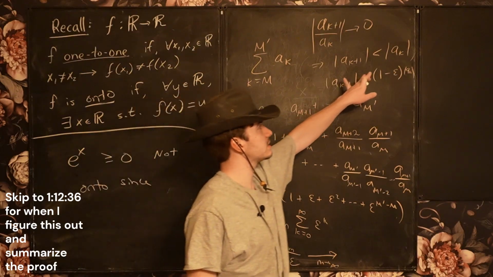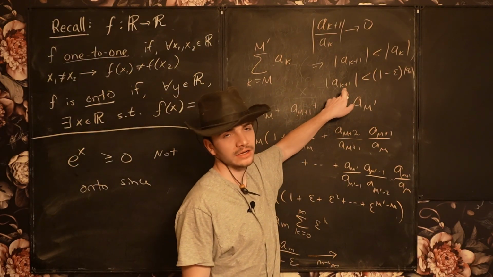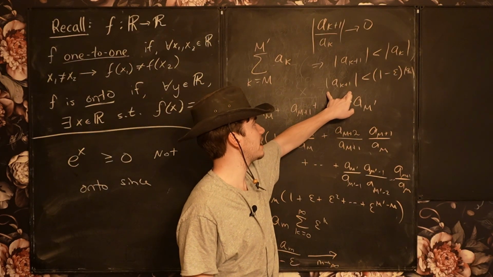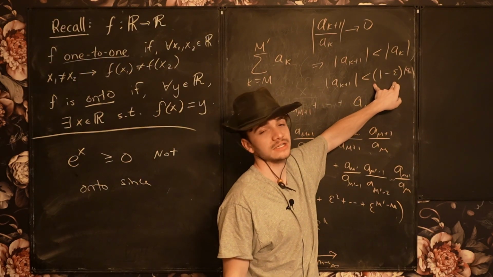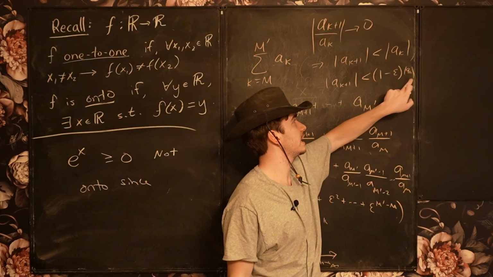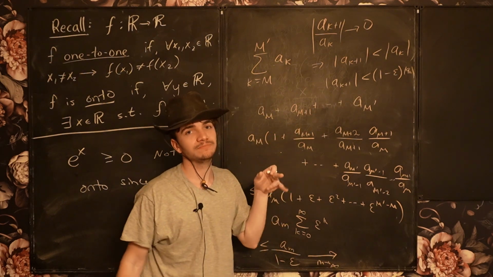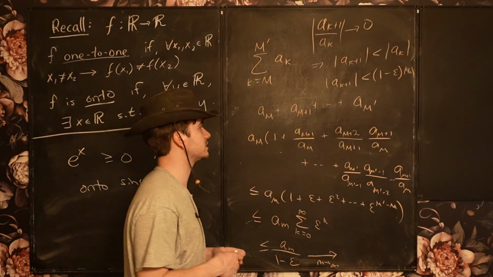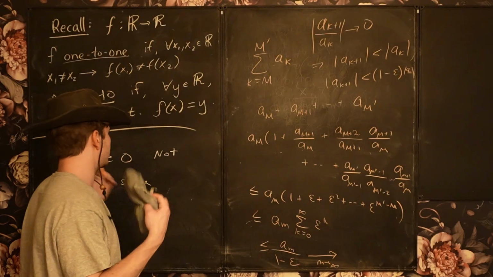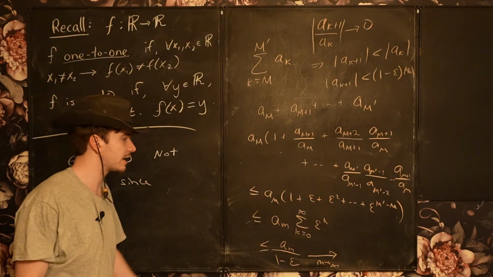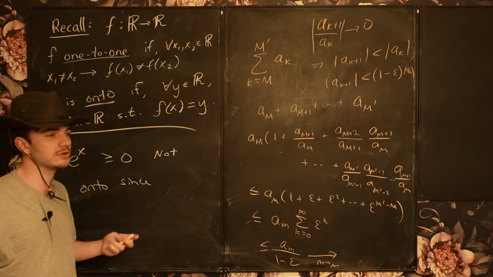Just being strictly less than is not enough to show that a^k goes to 0. When you have a^(k+1) less than (1 − epsilon) times a^k, that's enough to show that the sequence goes to 0. So that completes the proof of the fact that this exponential function is well defined.